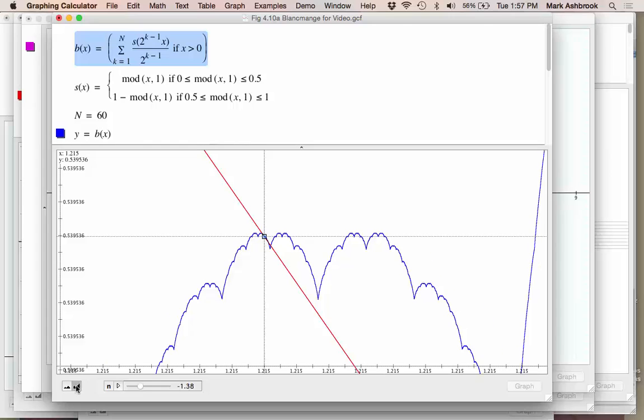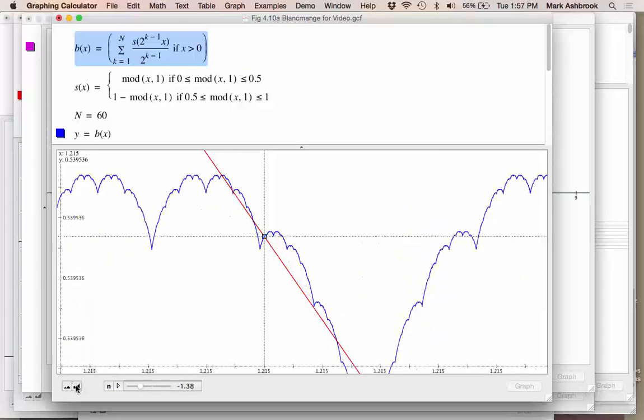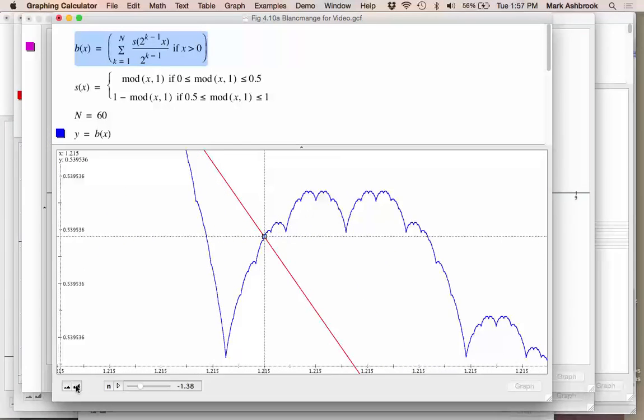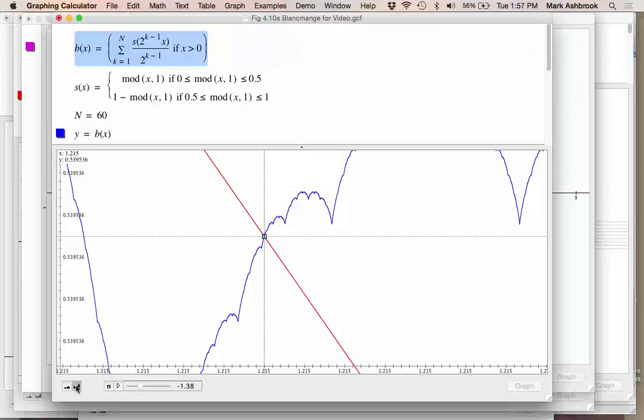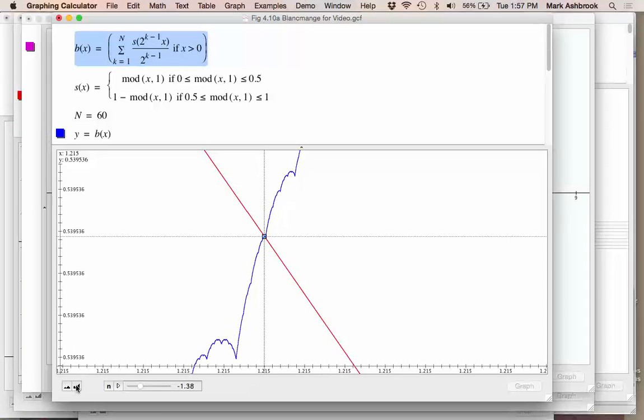Want to see some more? Oh, positive again. So no matter how much you zoom in, it always looks like a cauliflower. It's always jagged at every x value.